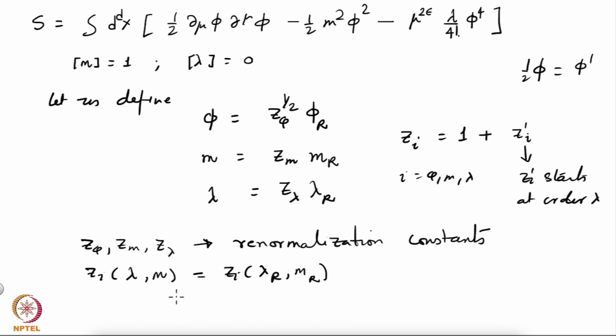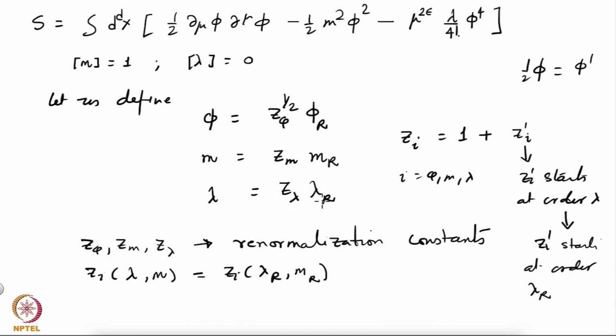An important point is that zi is 1 plus order lambda r terms. Here I said zi prime starts at order lambda, but now because lambda itself starts at order lambda r, because lambda r times z lambda and z lambda is 1 plus something, this statement becomes: zi prime starts at order lambda r.